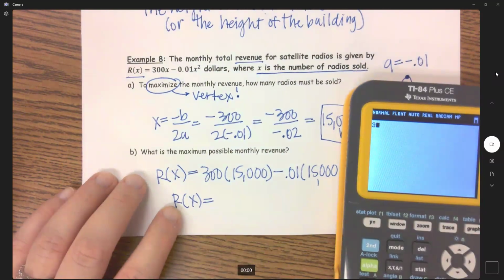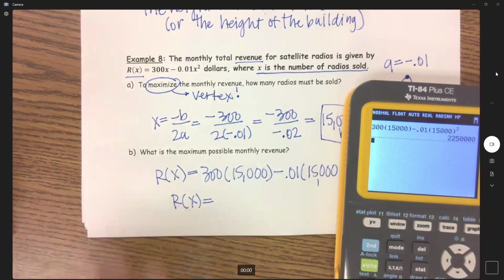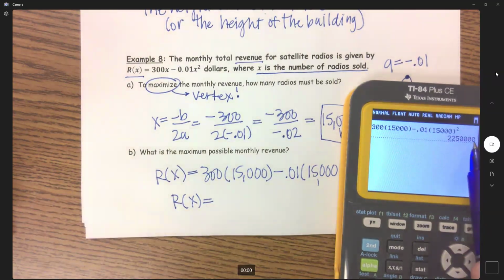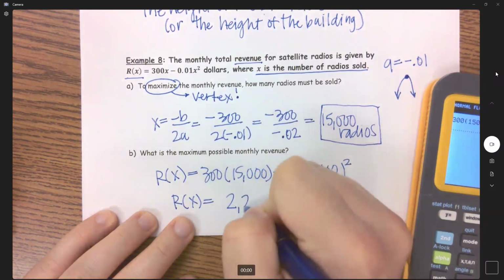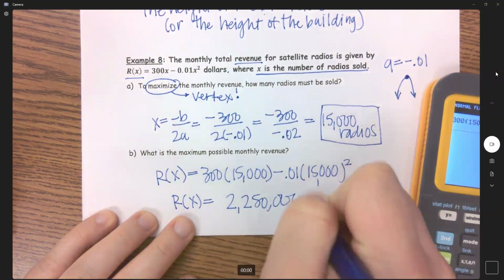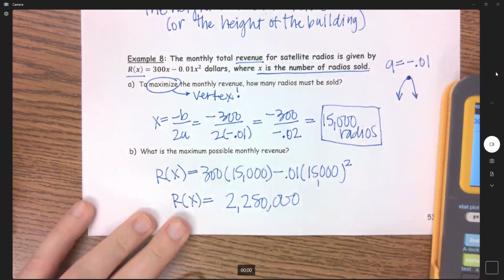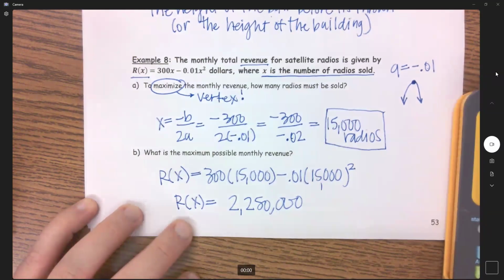So here we go. And my revenue would be 1, 2, 3, looks like 2,250,000. Yeah, that'd be a pretty good month, wouldn't you say?